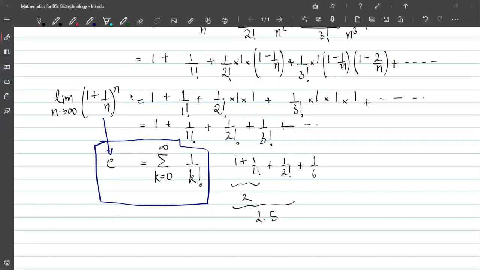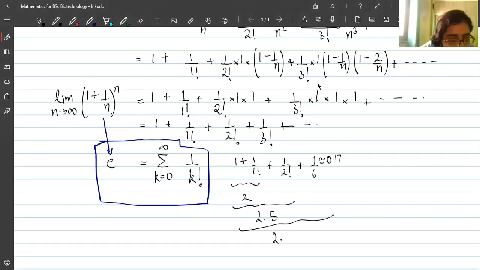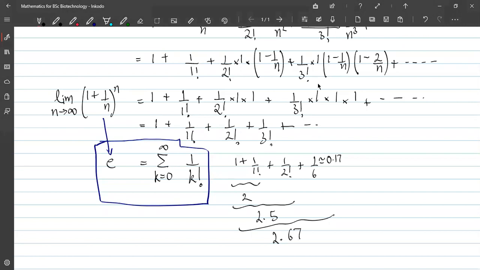I'll have to use a calculator for this. 1 by 6 is 0.16. Okay, so this will be approximately 0.16 or 17. So if you add the third term, you get 2.67.